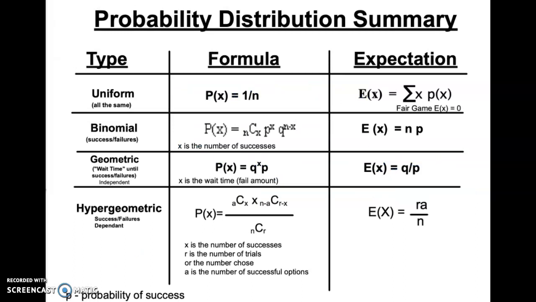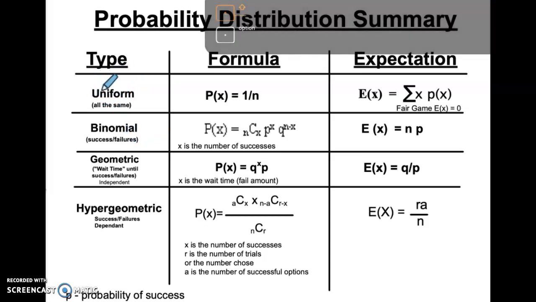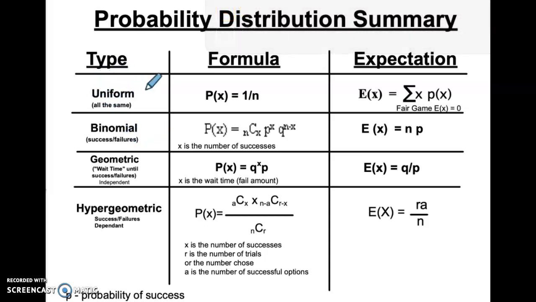So that was our last example. Here I just have a little probability distribution summary table. Okay. So once again, we've done the general one, which isn't on this table because you just calculate all the possible outcomes, or the probability of all possible outcomes, I should say. But we did learn 3 different types.